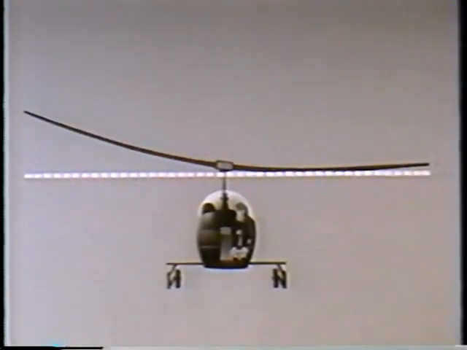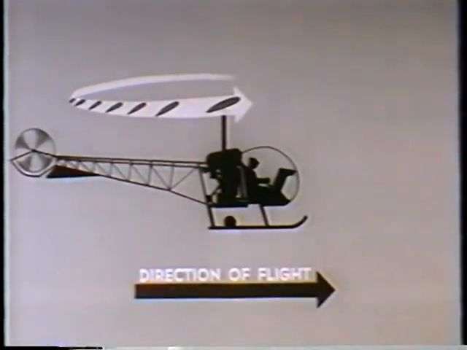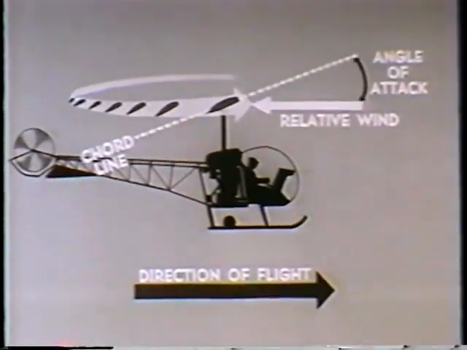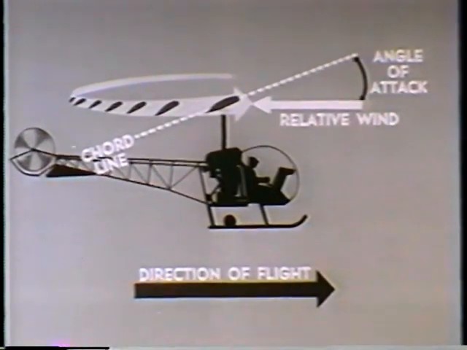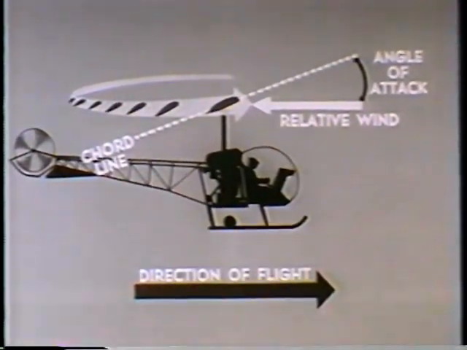angle. If the advancing blade were not allowed to flap up, it would follow this path, and the relative wind would be from this direction. However, when the advancing blade is allowed to flap up at a high angular velocity, there is a change in the direction of the relative wind.